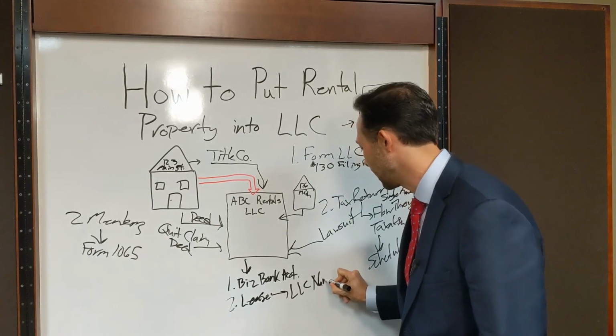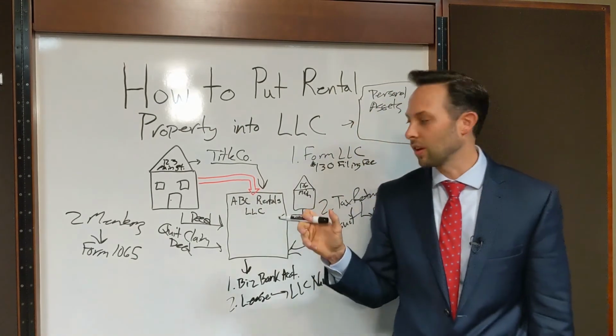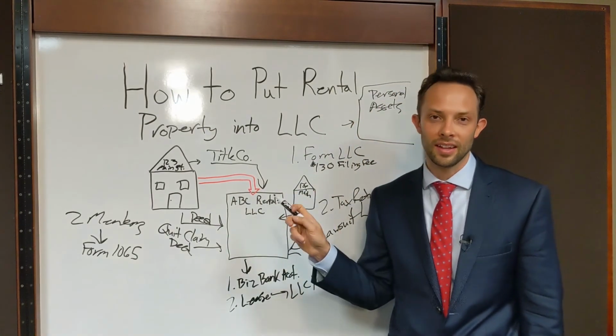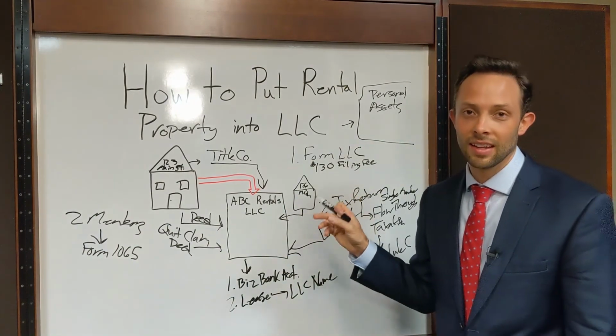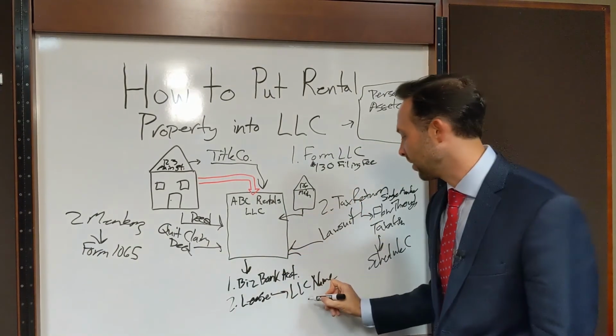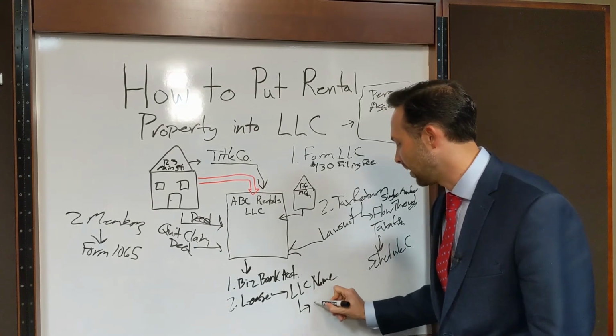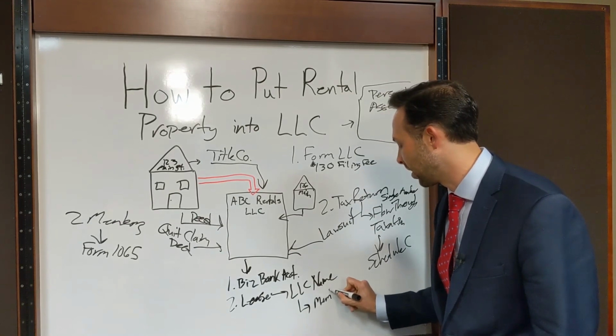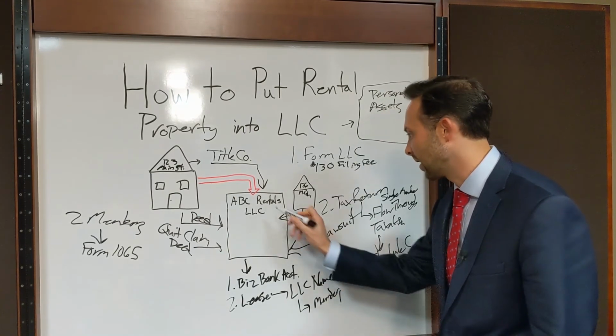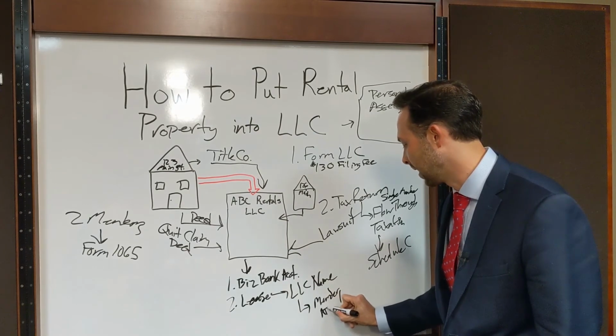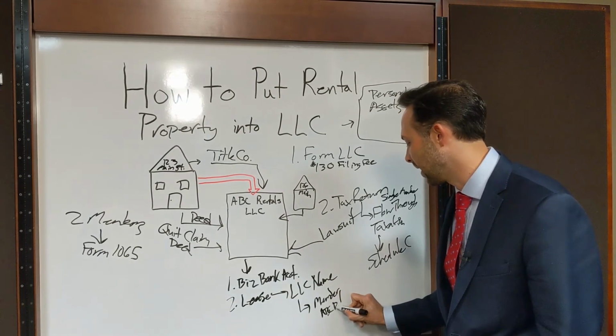So when you sign the lease, you want to have it be ABC Rentals LLC is the landlord, and then you sign it as member, ABC Rentals LLC, or whatever your title is.